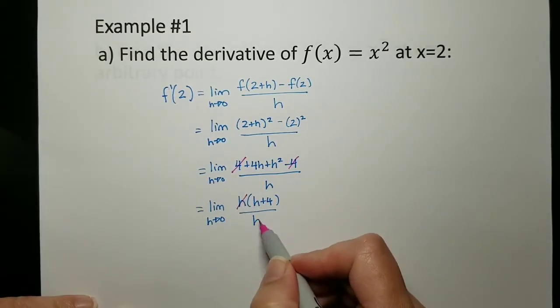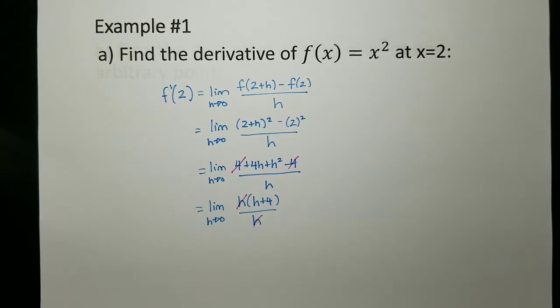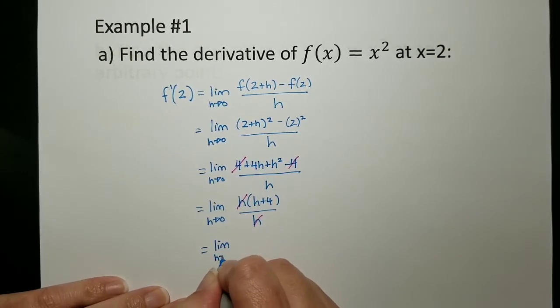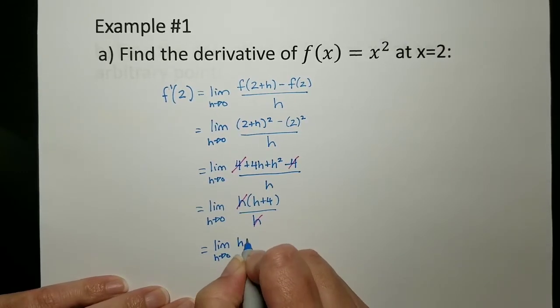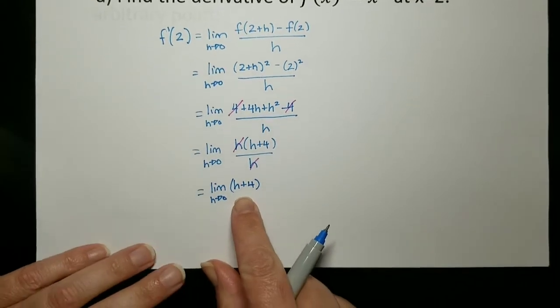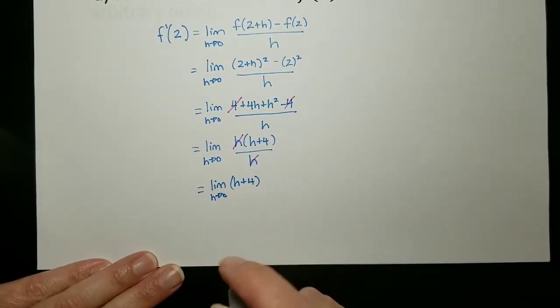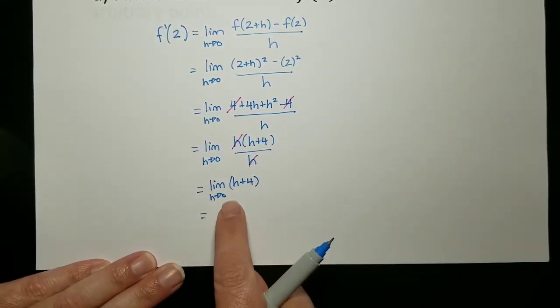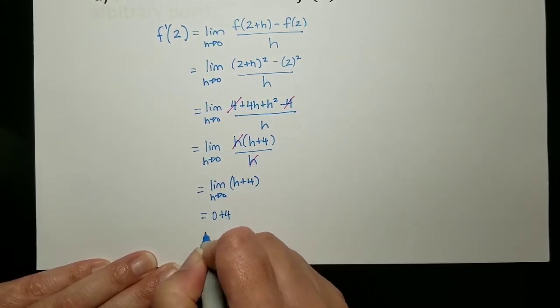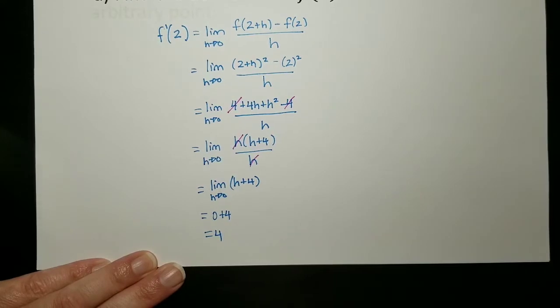If I reduce out those h's, now I have the limit as h approaches 0 of just 4 plus h. That's something that I can take the limit of, and it won't be indeterminate. So it's at this point that I drop my limit notation and just sub in 0, so 4 plus 0 is 4.